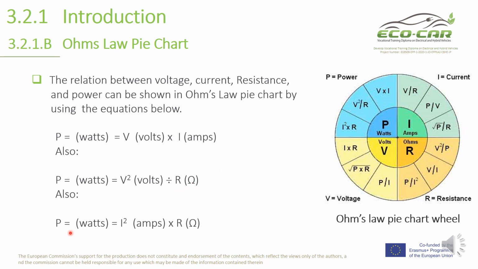Also power from this way, for example, equals I squared multiplied by the resistance. So these equations can be found from this wheel, and also we can find the same things for voltage, for resistance, and for the current.